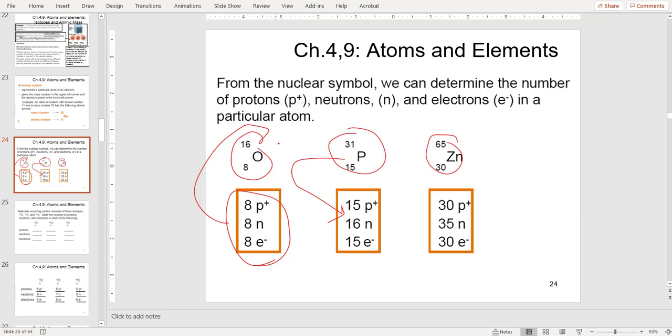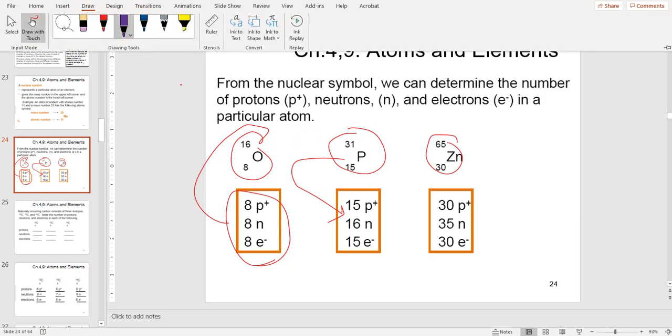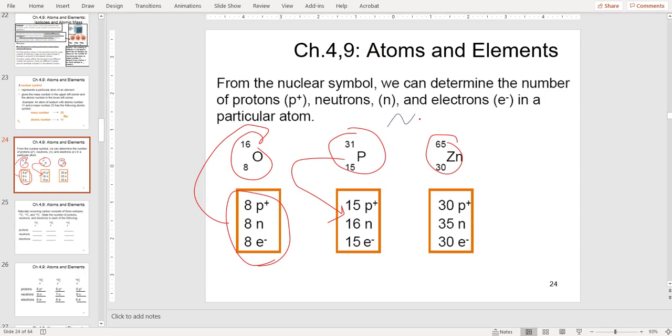Keep in mind, for all nuclear symbols, we assume that they're always, always, always going to be neutral. And if they're neutral, then that means the number of protons will always equal the number of electrons.